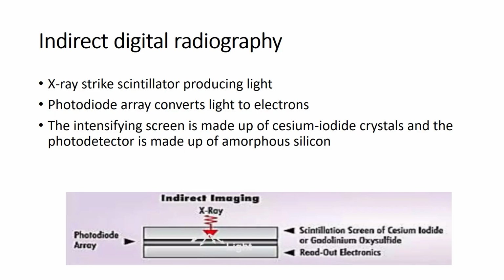This photodiode array converts light to electrons. The intensifying screen used in this indirect digital radiography is made up of cesium iodide crystal, and the photodetector is made up of amorphous silicon.